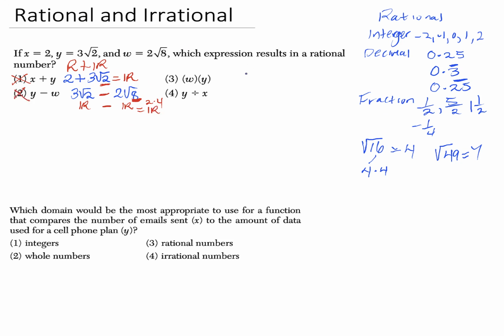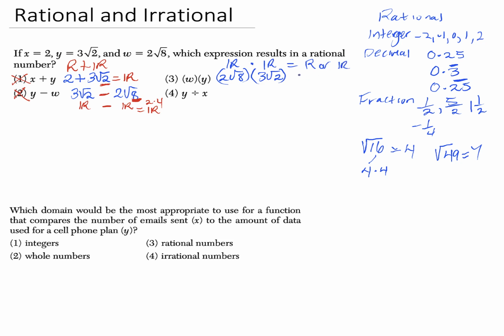Let's look at number 3. So number 3, we have multiplication. Now, multiplication can be deceiving, especially if you're multiplying two irrational numbers. So we know that w is 2 square root 8, and we already figured out that that is irrational. And you're multiplying by y, which we know is irrational, which is 3 square root 2. Now, there's a rule that says when you multiply two irrational numbers, your answer could be rational or irrational.